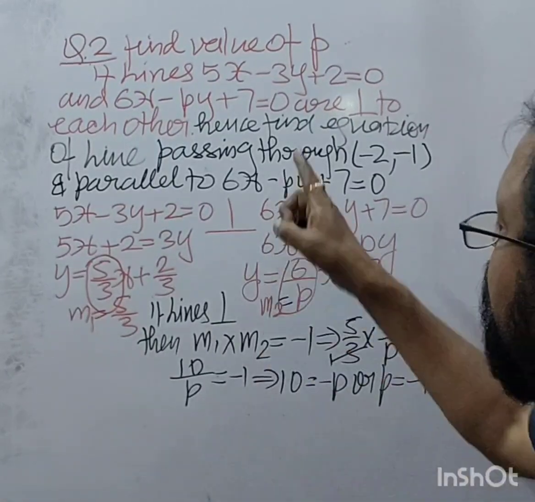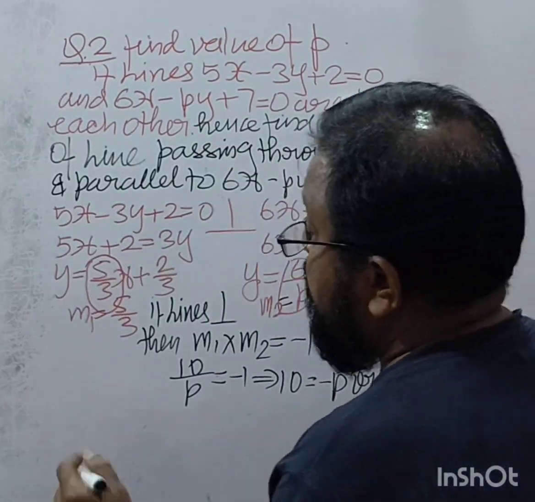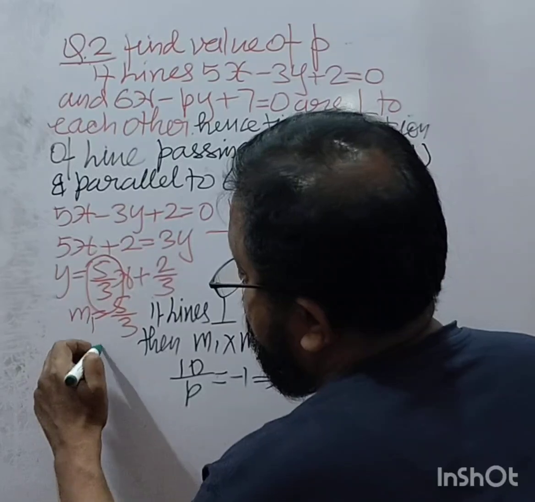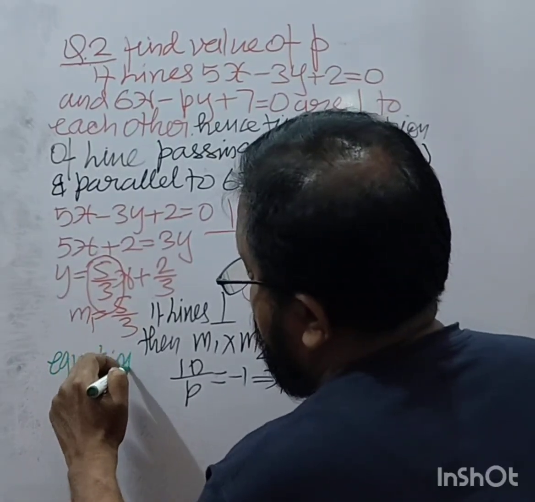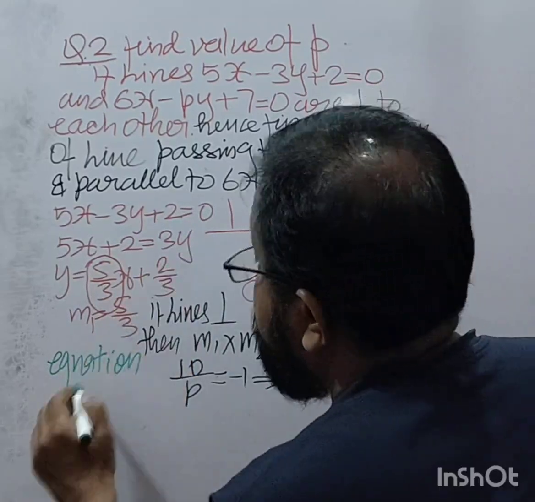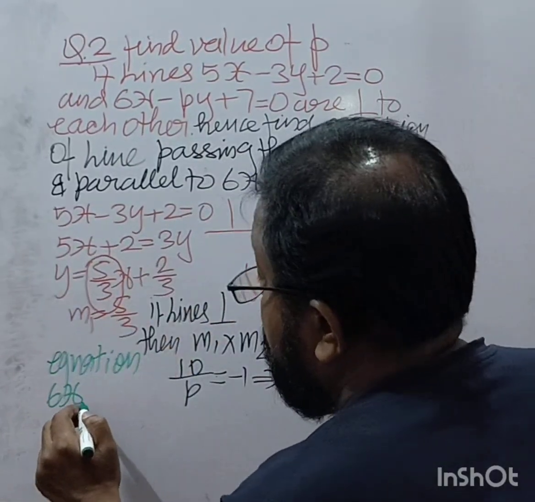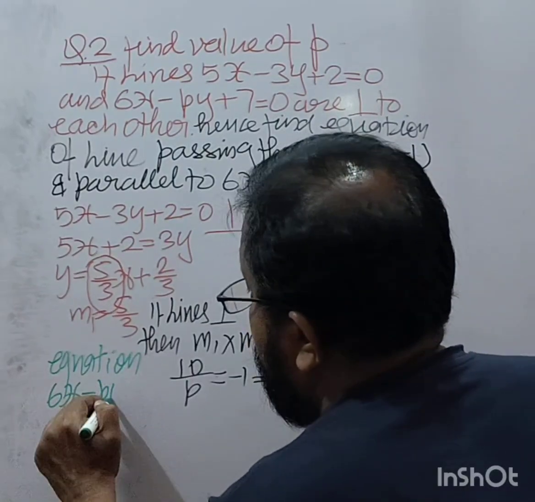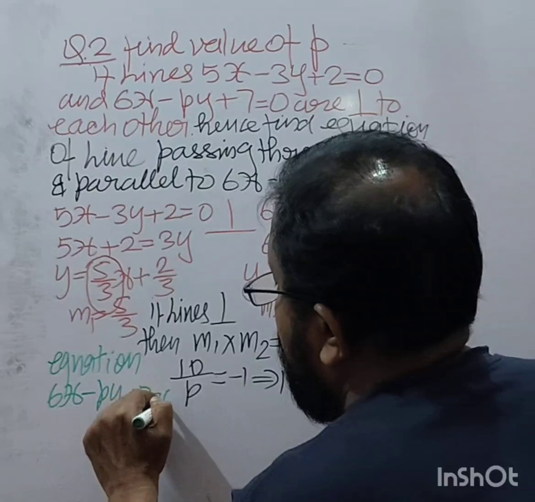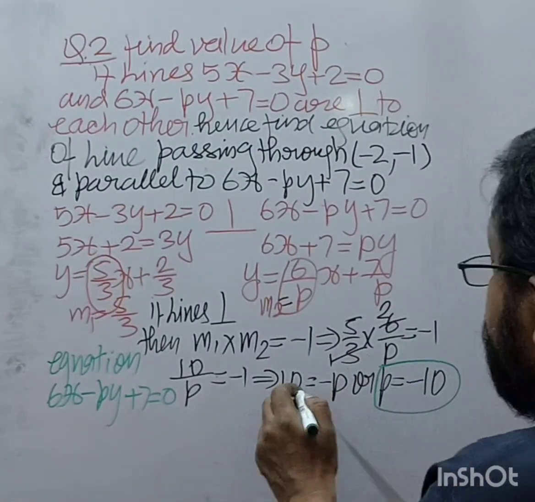Right? Then the equation will be 6x minus py plus 7 is equal to 0. So p is equal to minus 10.